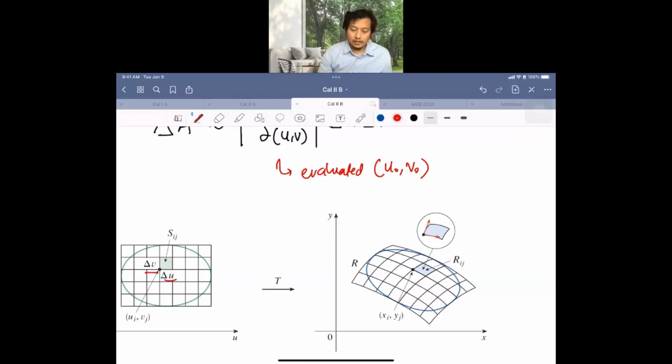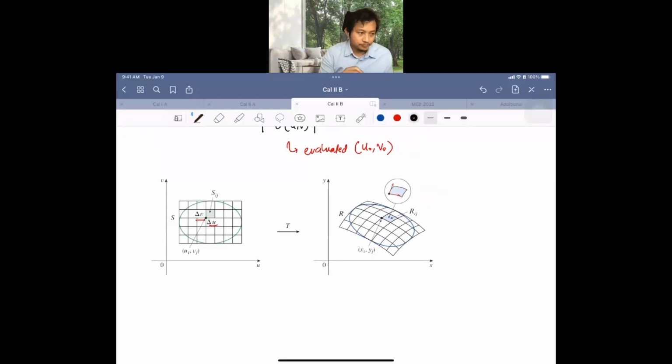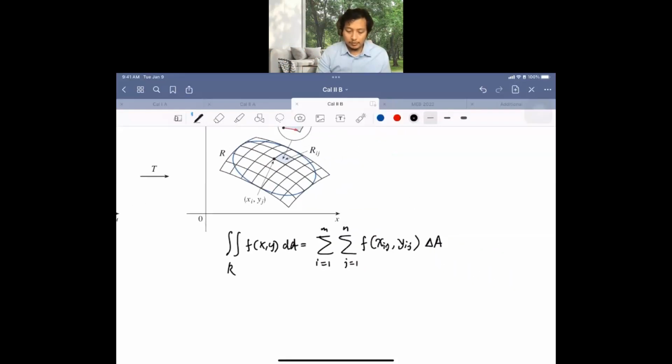And now we can take the Riemann sum. For R, the Riemann sum, we take the sum of f(x, y) delta A. And then we construct this Riemann sum and change x and y through the functions of two variables u and v.